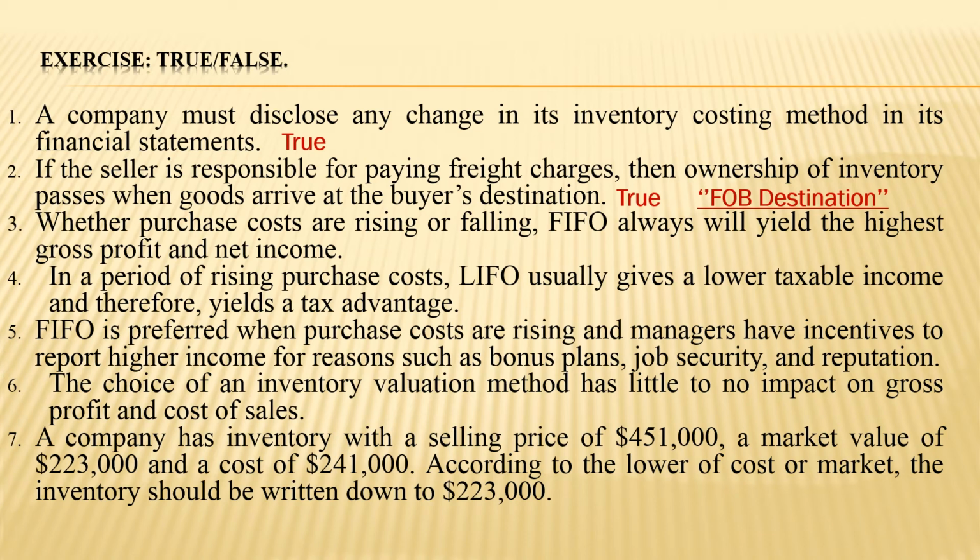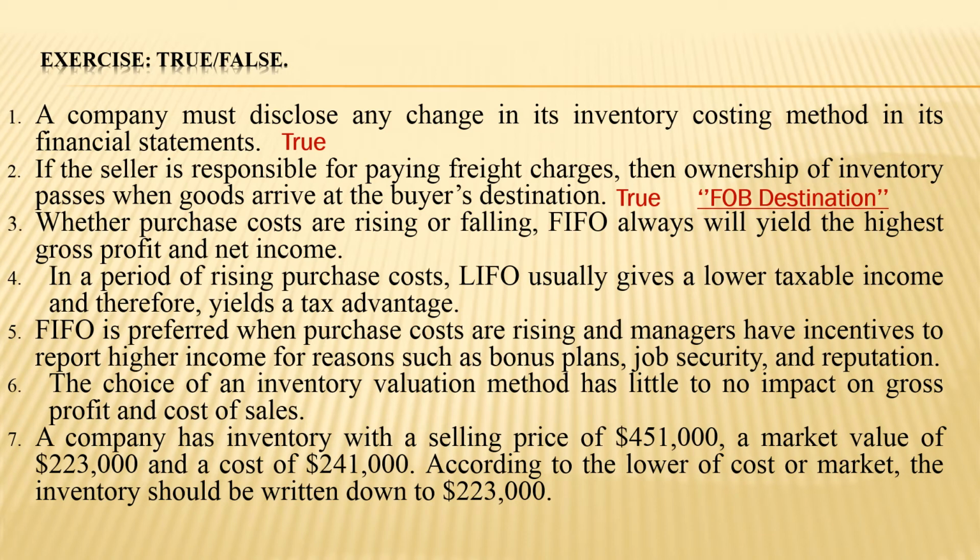However, this is another scenario: if the purchase costs are falling or decreasing, and I'm following FIFO, first in first out, this means that the goods I purchased in the past are of higher prices than now. So when calculating the cost of goods sold, I will use the costs from the past, which are the high prices.